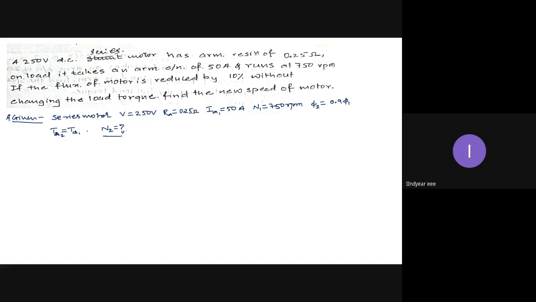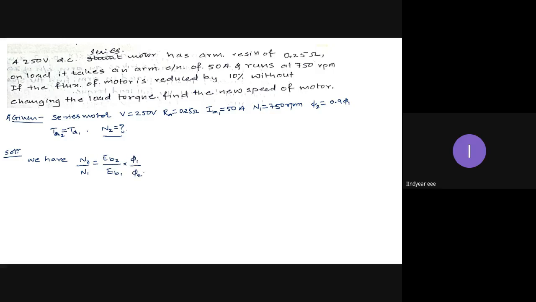We have a relation between speed, back EMF, and flux. Solution: here we have N2 by N1 is equal to EB2 by EB1 into phi1 by phi2.